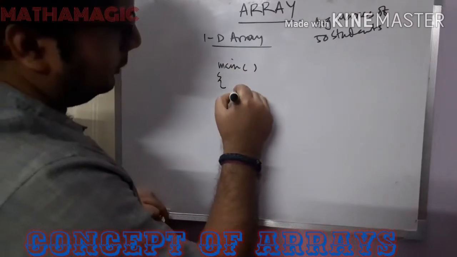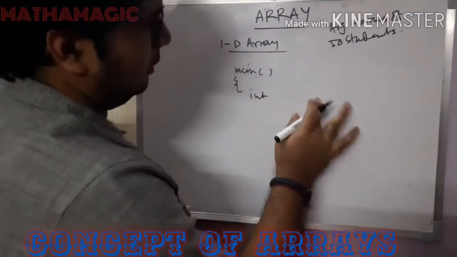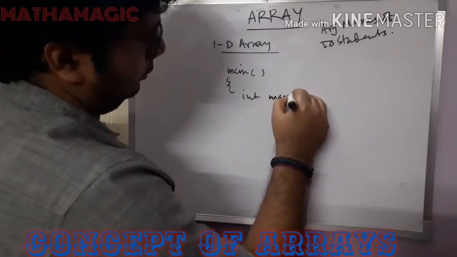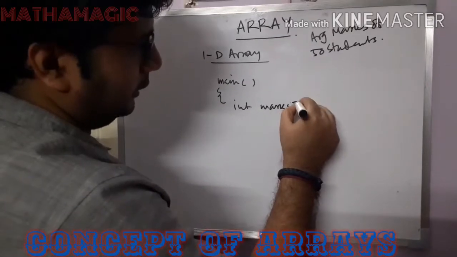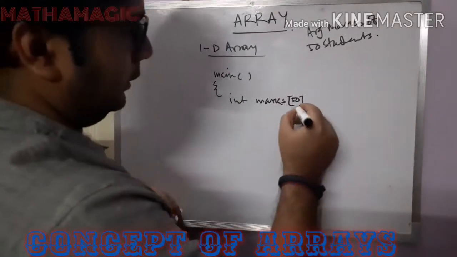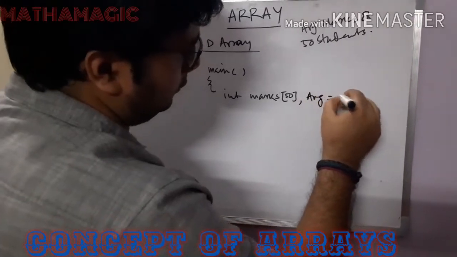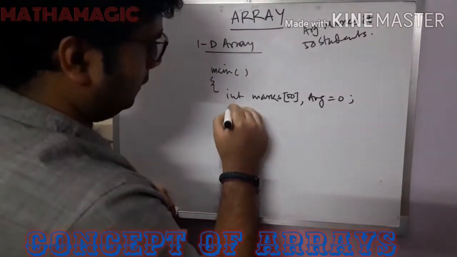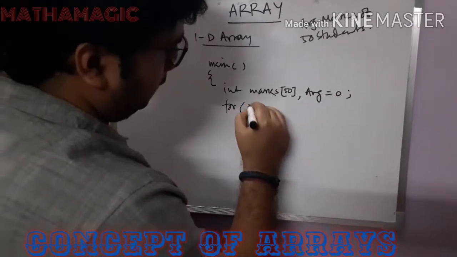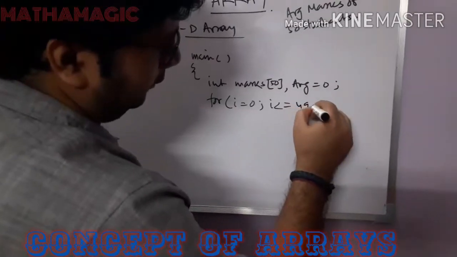From the main function, I'll initialize the array, int abc or the marks, whatever you feel like, of 50 students, right? So it will be 50. Just write the average, avg equals to 0. Initialize this one. That's it, nothing else. Now I'll use the for loop, i equals to 0, and how far I will go, that is 49.